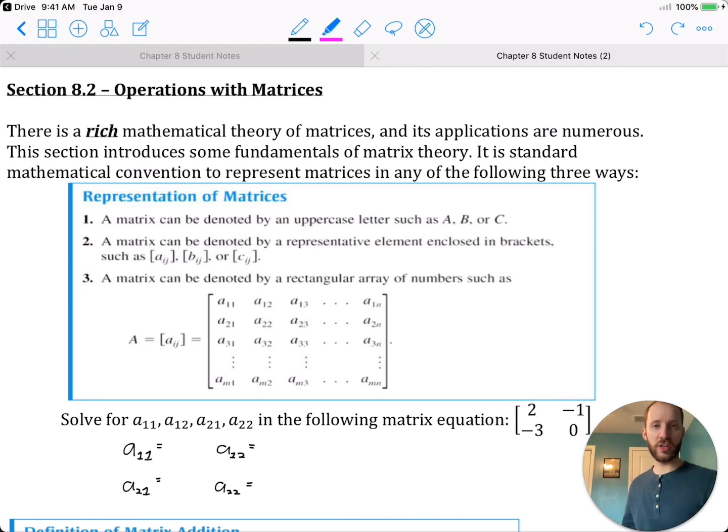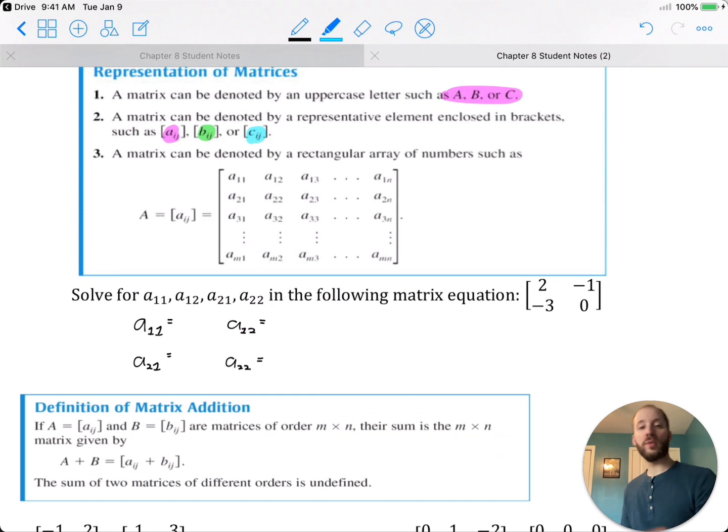Matrices are denoted usually by an uppercase letter, and then the individual data entries are lowercase, with the subscript telling you which row and which column. So lowercase a sub ij or lowercase b sub ij, and so on. So when you want to find each data entry within a matrix, the subscripts give the row, and then the column.